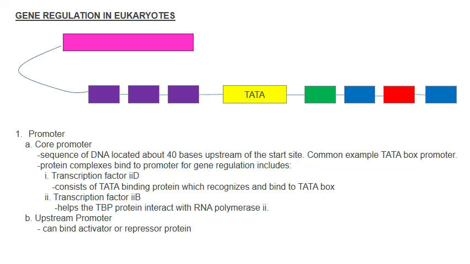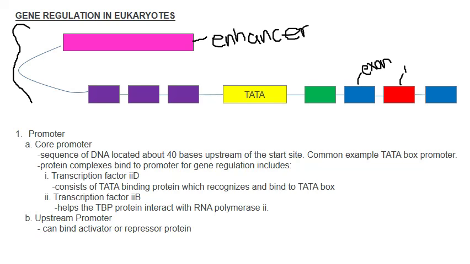What we're seeing in front over here are the basic components of gene regulation in eukaryotes. There are 5 basic components. There are enhancers, there are introns and exons, and these are introns.